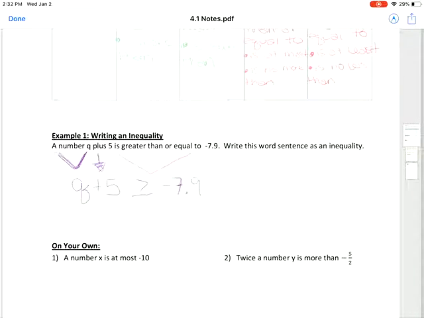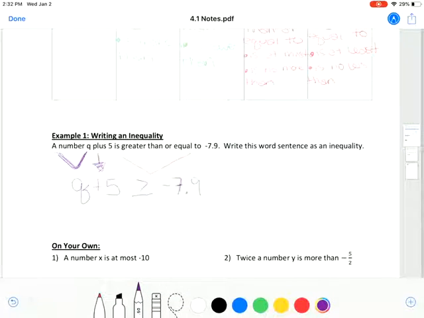One way that I like to remember which symbol to use, if it's saying greater than or equal to, is to think of it as a little alligator or a little mouth. Its mouth is pointing to the bigger item because it's really hungry and it wants to eat that bigger item. That's a trick that I use to remember it.